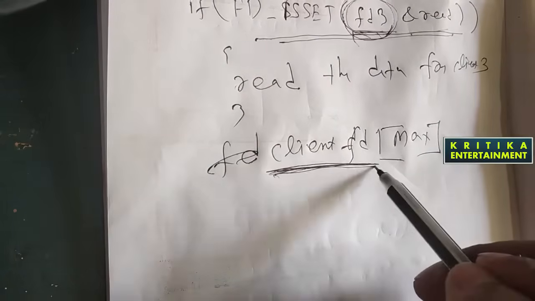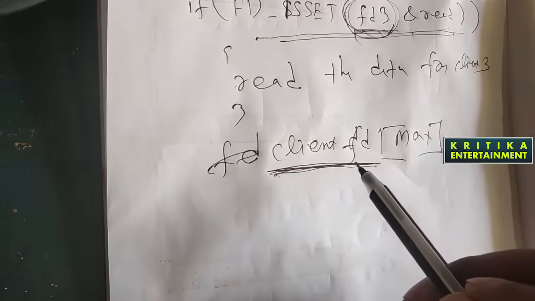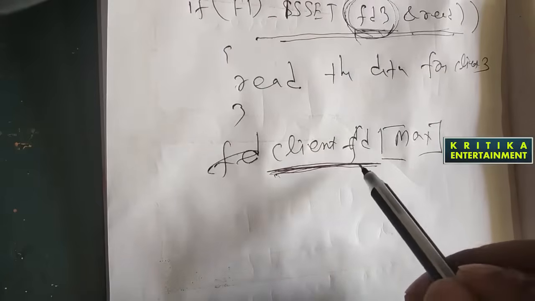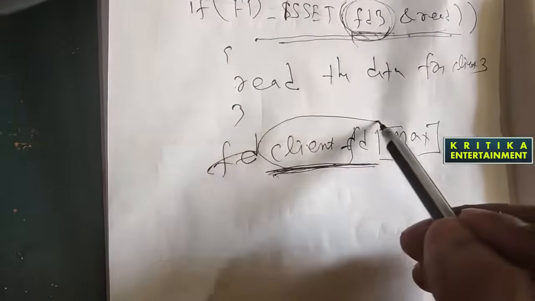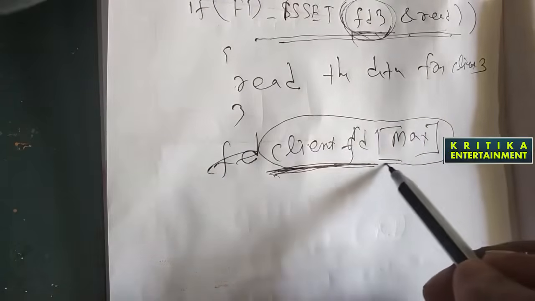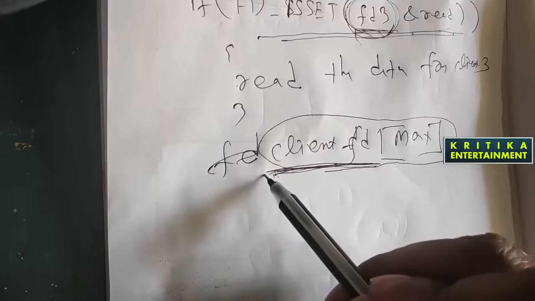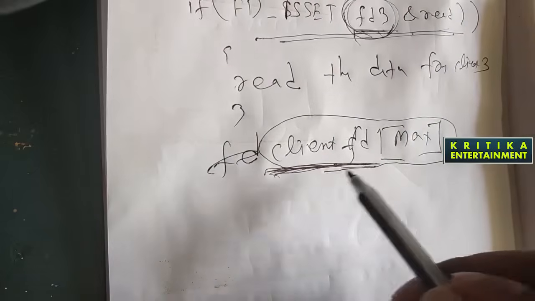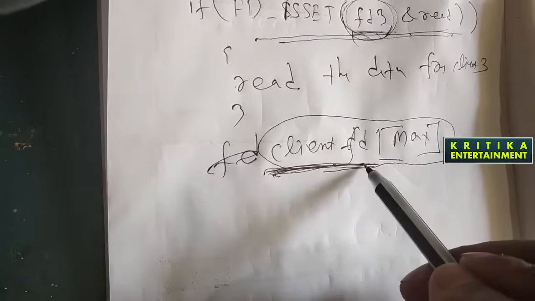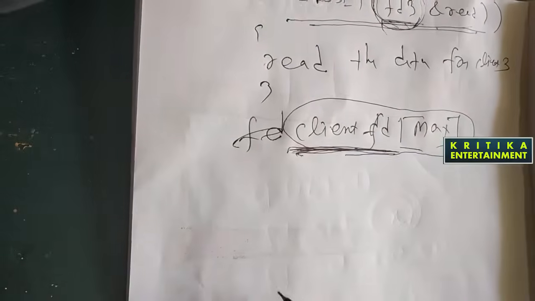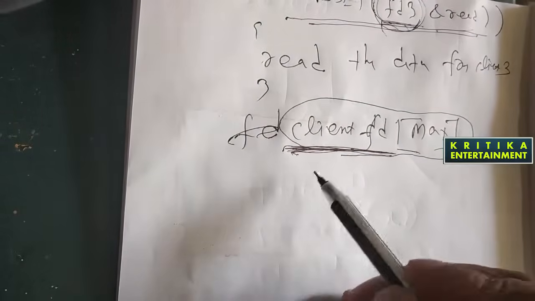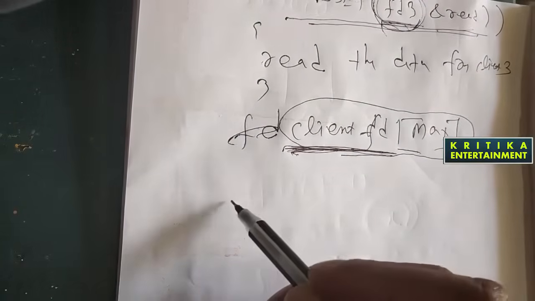When you use multiple clients with one single server in IO multiplexing, to track all the FDs returned by the client, you store them in the array variable.